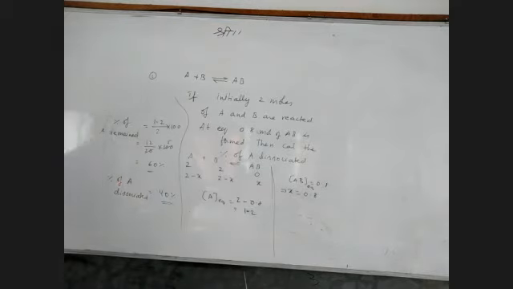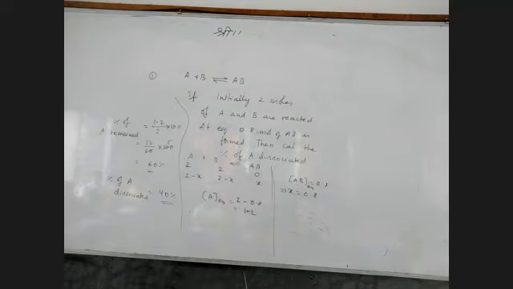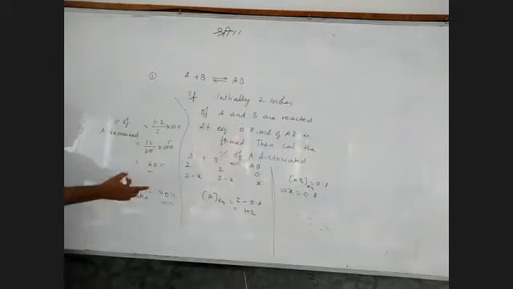H2 plus I2 gives rise to 2HI. Second. Right, children. Like that also. 1 minus alpha, the direct formula. 0.2 by how much is remaining? 0.8 by 2.